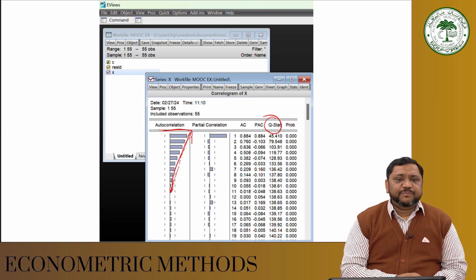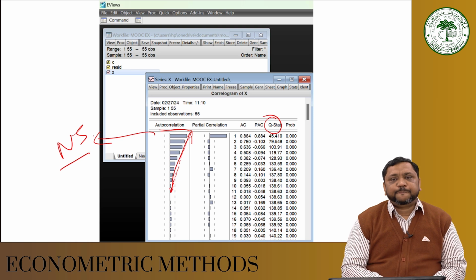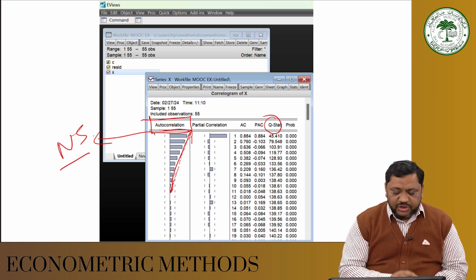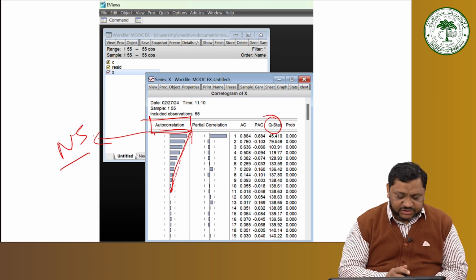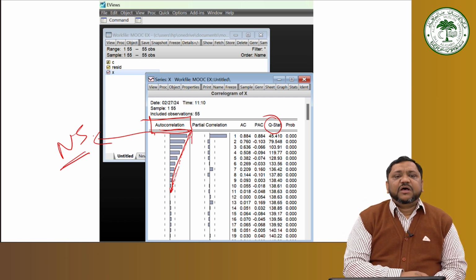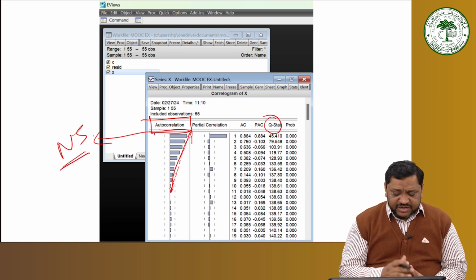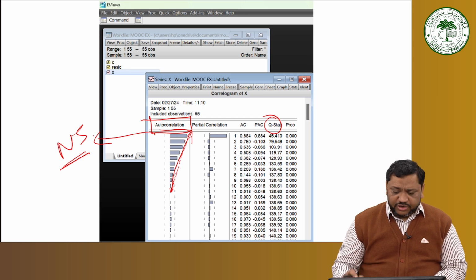This gives an impression that the series is not stationary. From the autocorrelation function, when the spikes are declining very slowly, we can say that this series is not stationary.